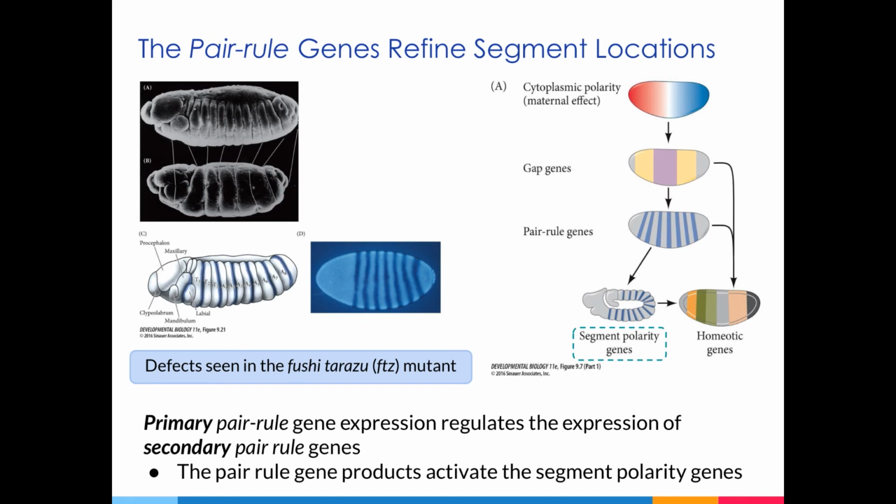Of the 8 pair rule genes that have been described, 3 are categorized as primary, and these are regulated by the gap and the maternal effect genes, and the rest are categorized as secondary, and these are regulated by the primary pair rule genes. Once the pair rule gene expression has been established, these genes will then go on to activate the segment polarity genes.